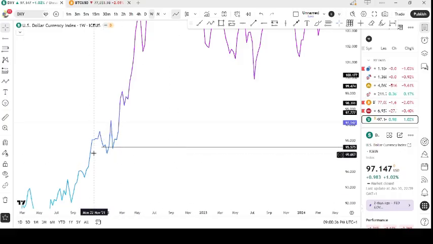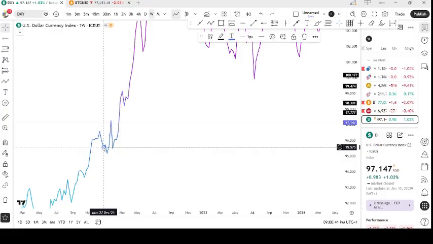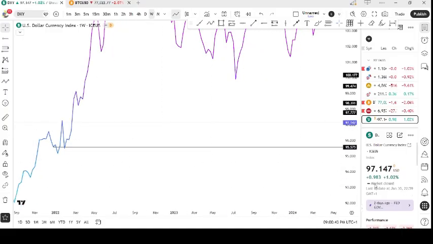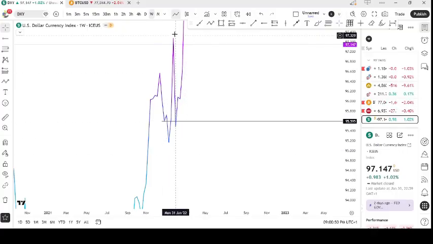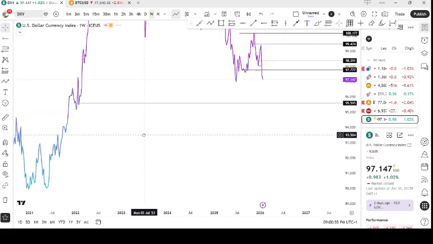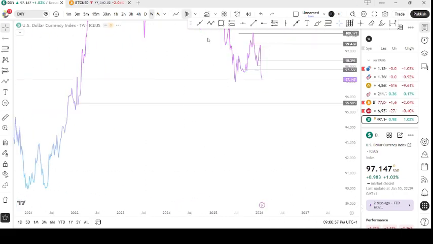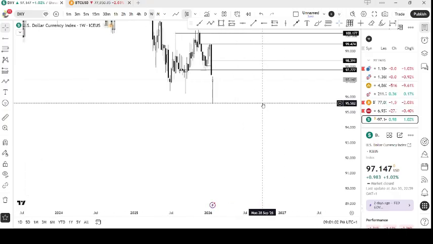Let me go to the right point, just to get the accurate points. Let's see what it's really reacting from. You can see how it's reacting from that QM.